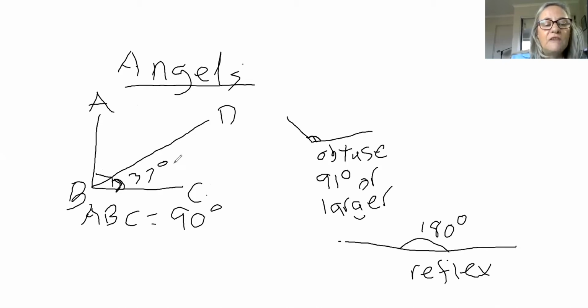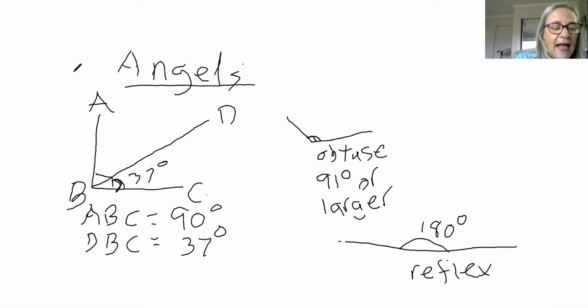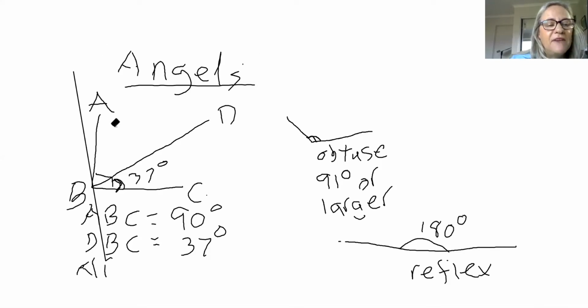We've already got this 37 in here. So D, B, C is 37, right? So how do we work out A, B? Oops, don't know what happened there. Maybe I left my finger down too long. Let's just get rid of that line. Thank you. I'm going to draw again, aren't I?